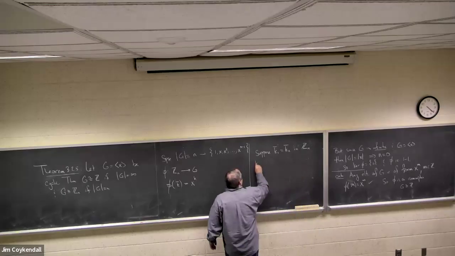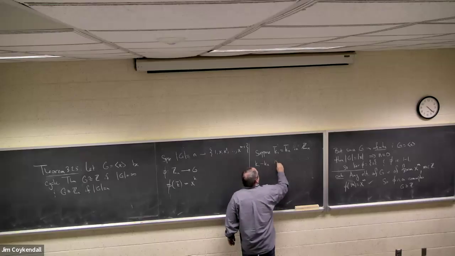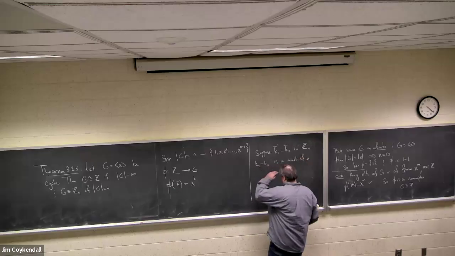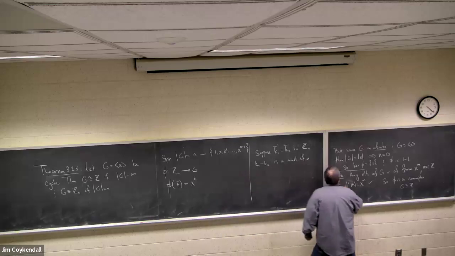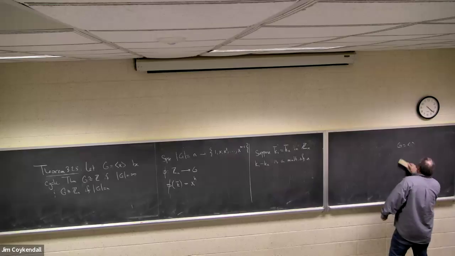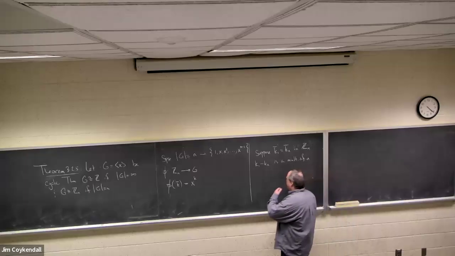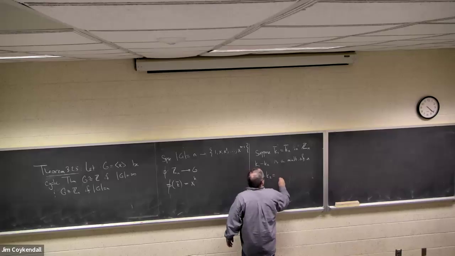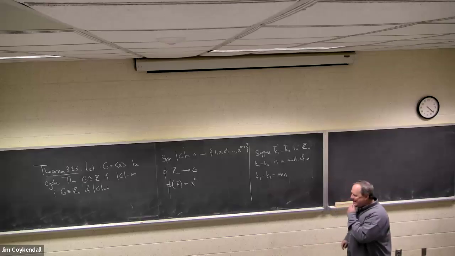This means that K1 minus K2 is a multiple of n. So it's just some integer multiple of n, Mn.